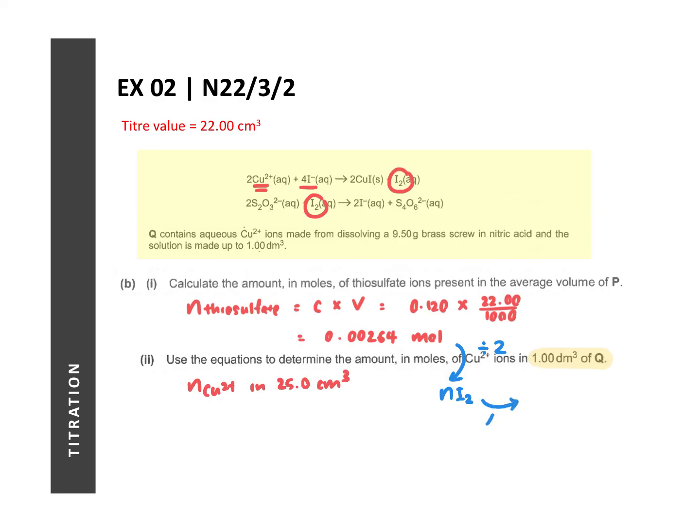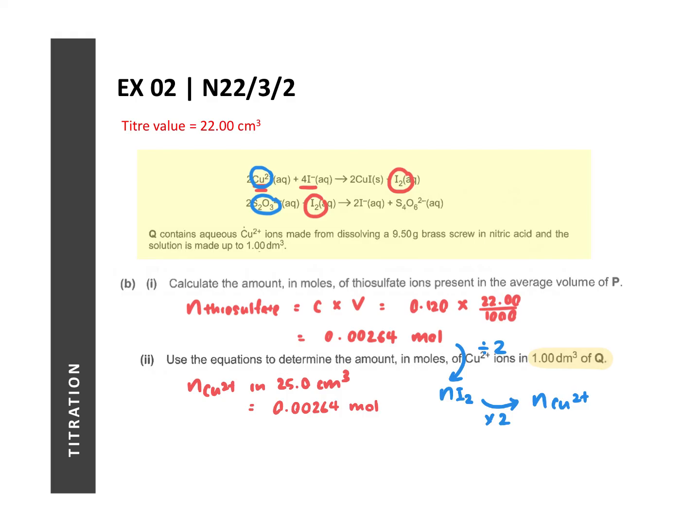We need to times 2 to find the number of moles of copper. So essentially, divide by 2 and times 2 means that the mole ratio between copper and sodium thiosulfate is actually 1:1. So the number of moles of copper in 25 centimeter cube of Q is the same as the number of moles of sodium thiosulfate.